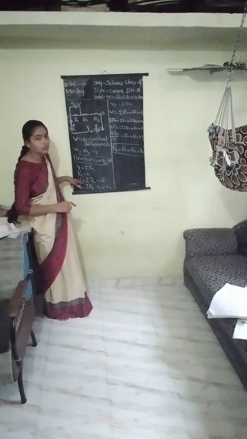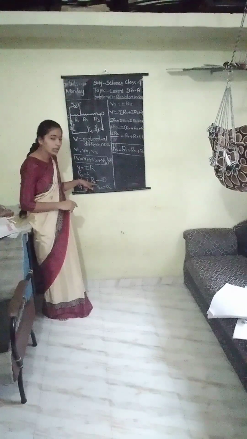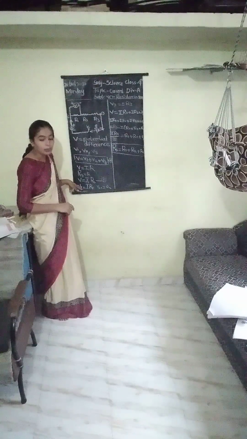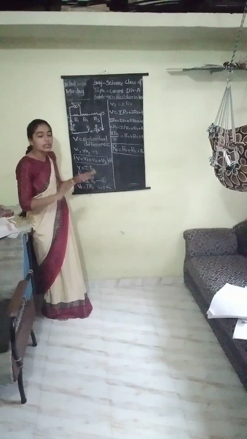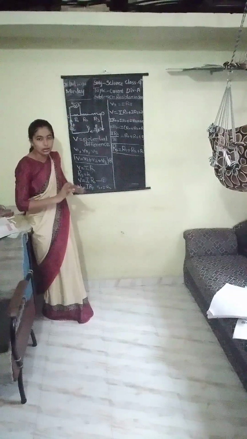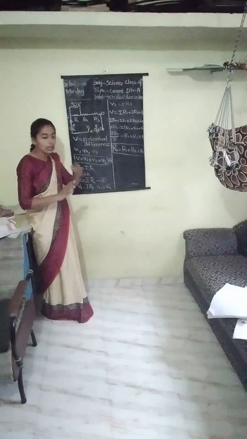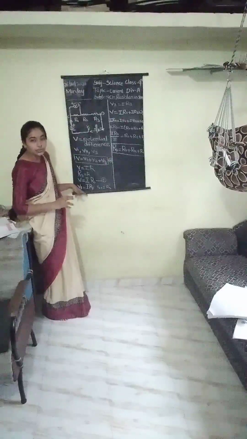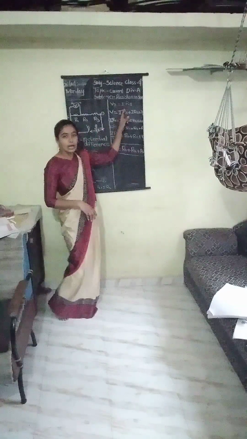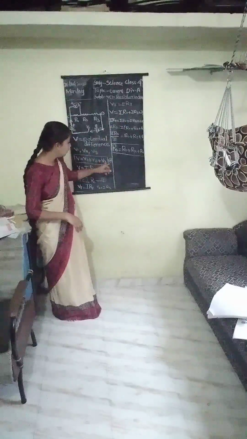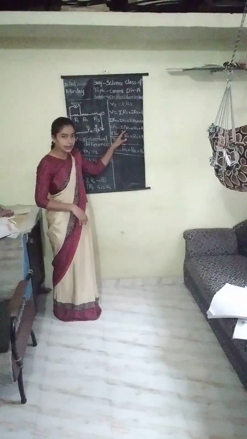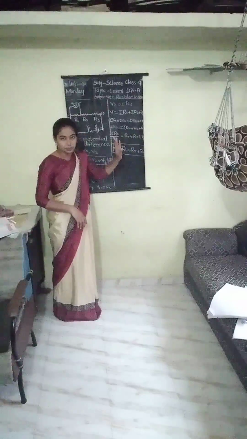So the equation becomes V is equal to I Rs. For the potential differences V1, V2 and V3, the current remains constant but the resistance value is changing. That's why V1 is equal to I R1, V2 is equal to I R2, V3 is equal to I R3. After putting these values in equation star, we get I Rs is equal to I times R1, R2, R3.